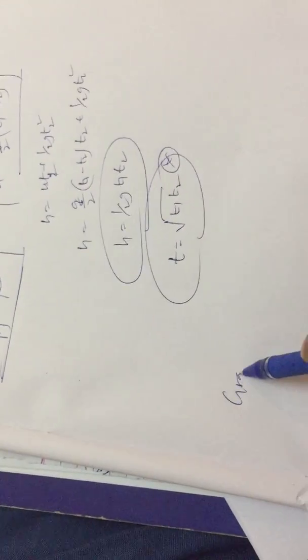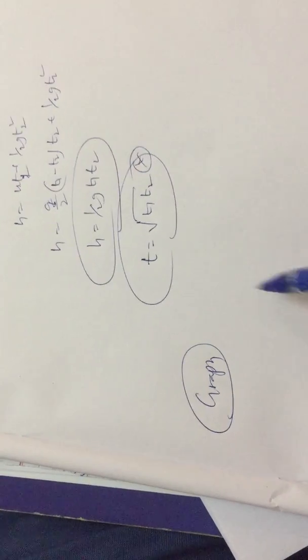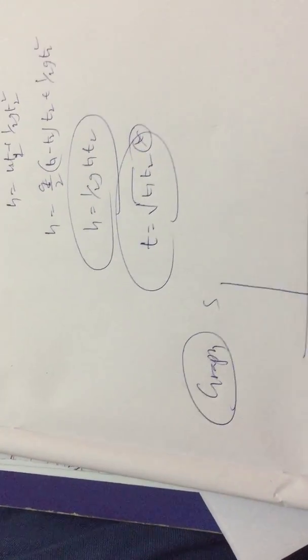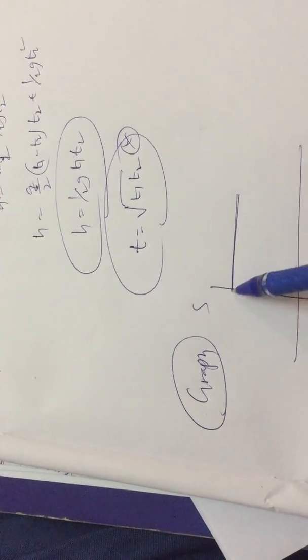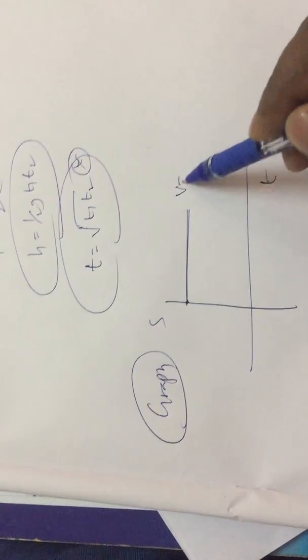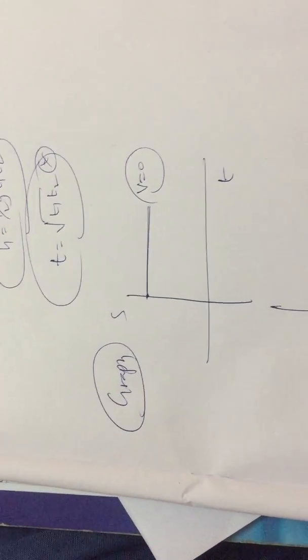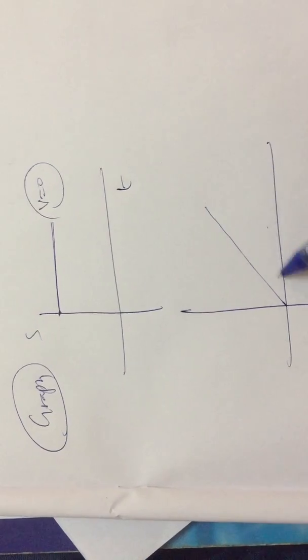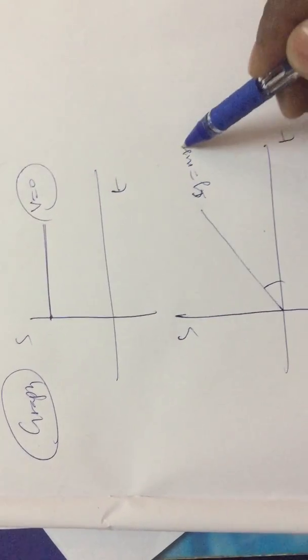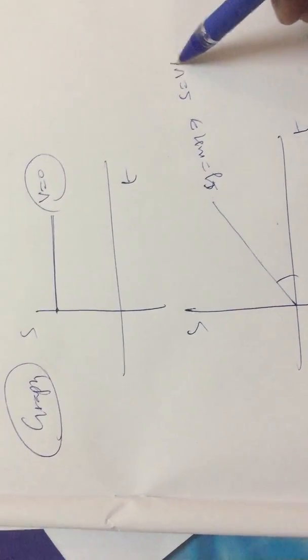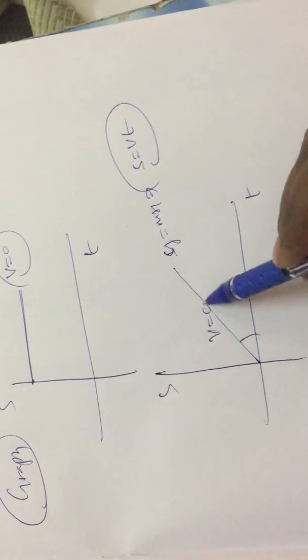And in kinematics, the most important point is graphs. One is the st graph. Here s is not changing, which means velocity is 0. And here this is the st graph, like y equals mx, that is nothing but s equals vt, which means velocity is constant.